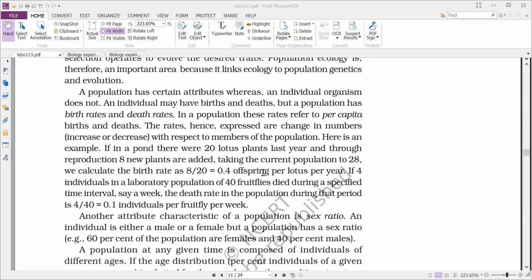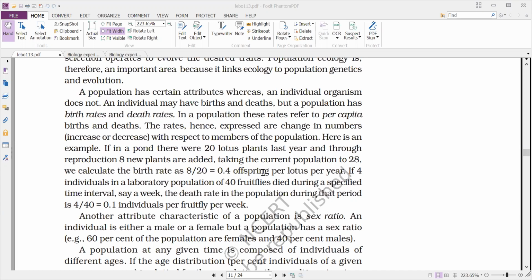Birth rate is how many people are newly born in a year. How many deaths occurred in that year comes under the death rate. Here we can see that in a population, these rates refer to per capita births and deaths. Per capita means here per year: how many births and how many deaths are taking place for a group of population.